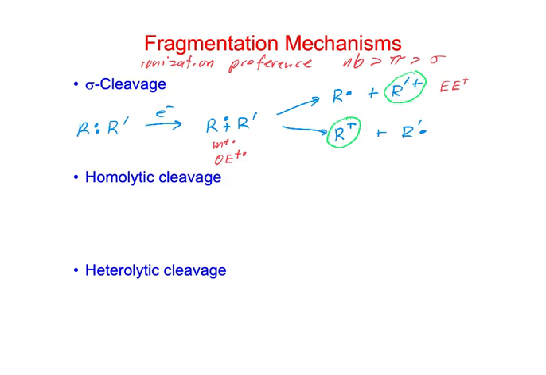We often see the loss of the larger radical. What we usually see is the most stable cation formed. But if we have two cations of equal stability, then we see the loss of the larger radical.